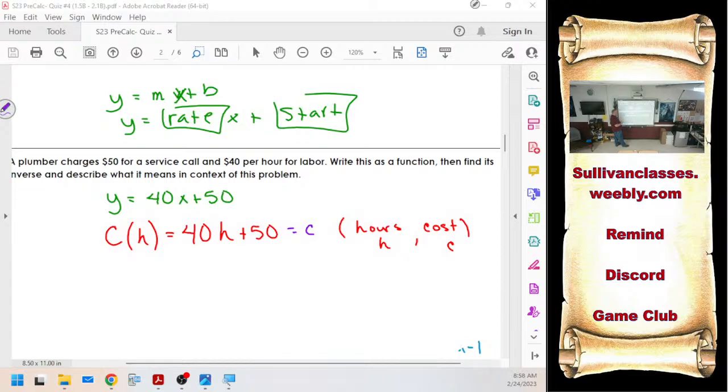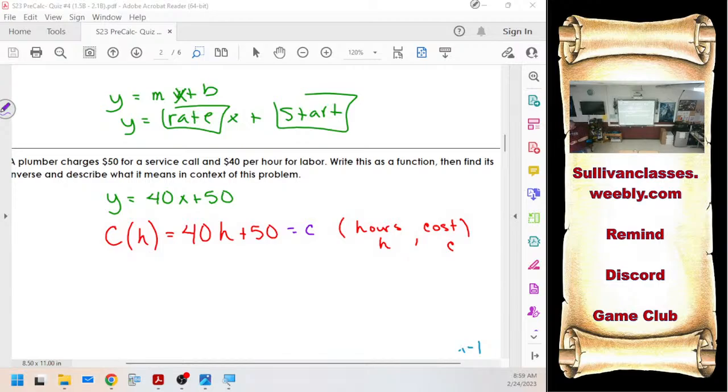Okay, now when I swap, ooh, we talked about this in Algebra 2. I don't remember if we explicitly stated it in here. When I swap variables in a formula in which the variables stand for something very specific, like C and H are cost and hours, I don't actually want to swap the variables themselves.